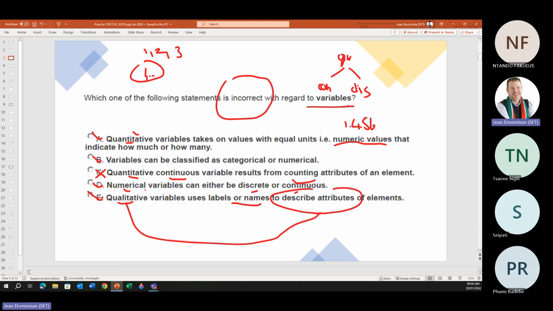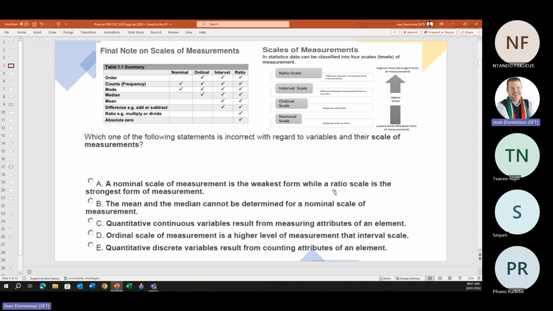Okay, so we started off with the differences between sample and population. Then we looked at how to describe the data that you look at. And then the next one is where we're talking about some order in the measurement.